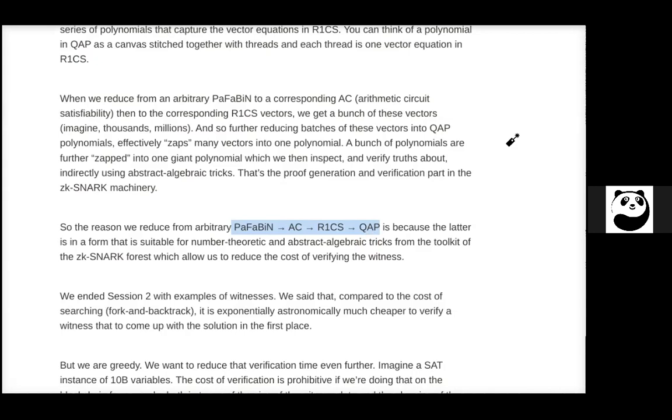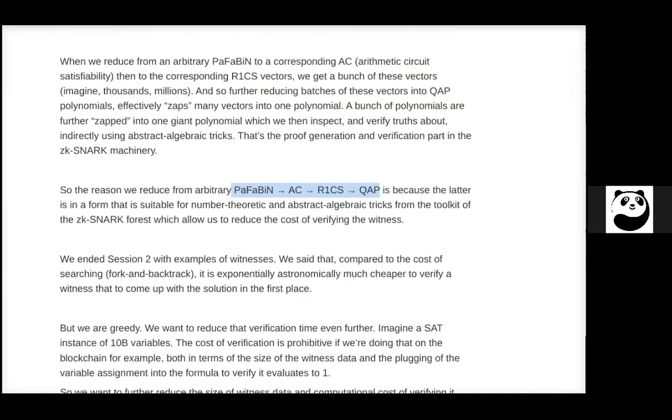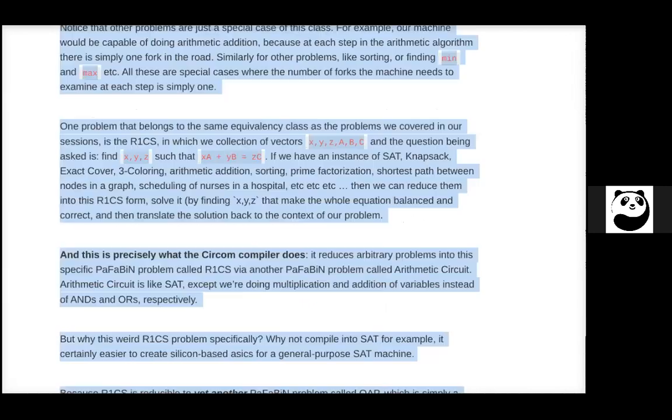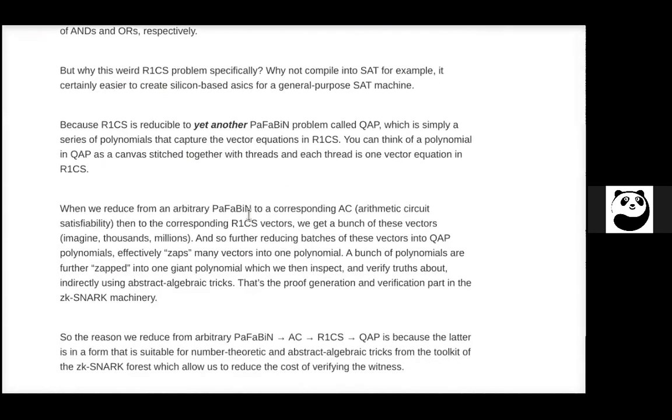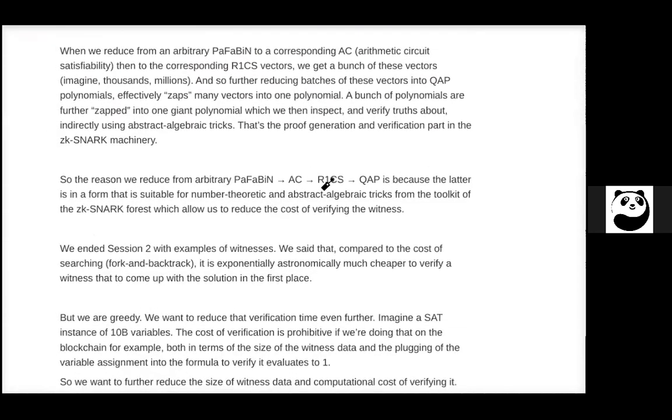So this skit that I shared with you hopefully gives you a glimpse of what we are ending. But next time we will take a closer look at these reductions.